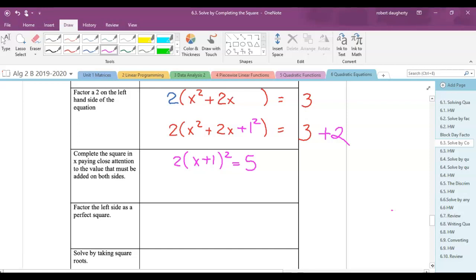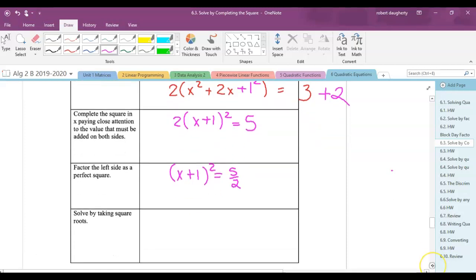So that's where I get x plus 1 squared equal 5/2. Now when I take the square root of both sides, I get x plus 1 equal plus or minus the square root of 5/2. So x is equal to -1 plus or minus square root of 5/2.